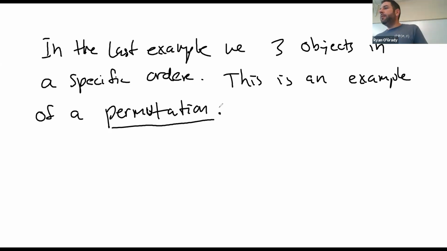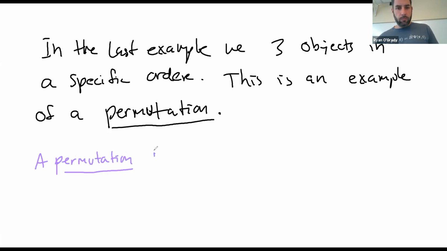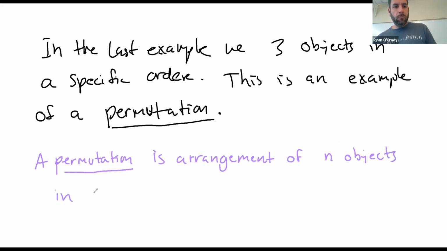So let's define this officially, this idea of a permutation. A permutation is an arrangement of n objects in a specific order.